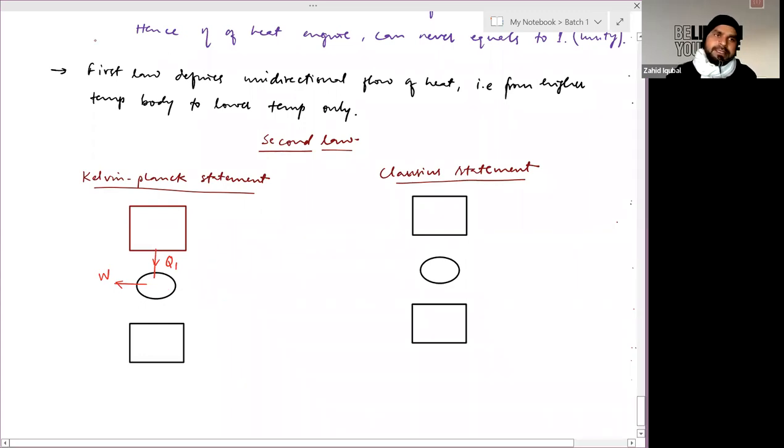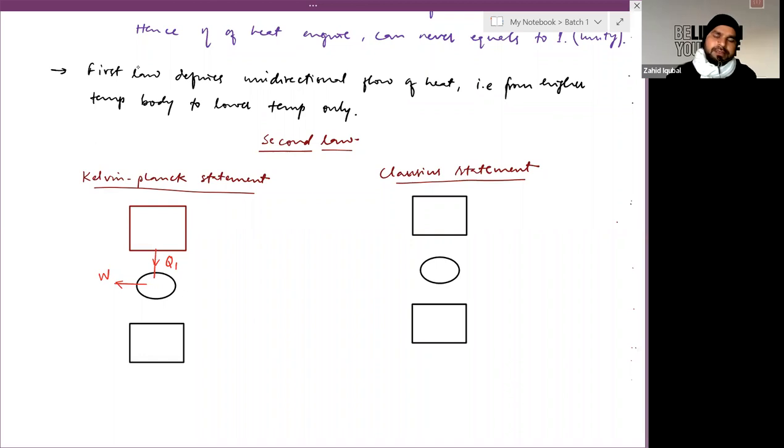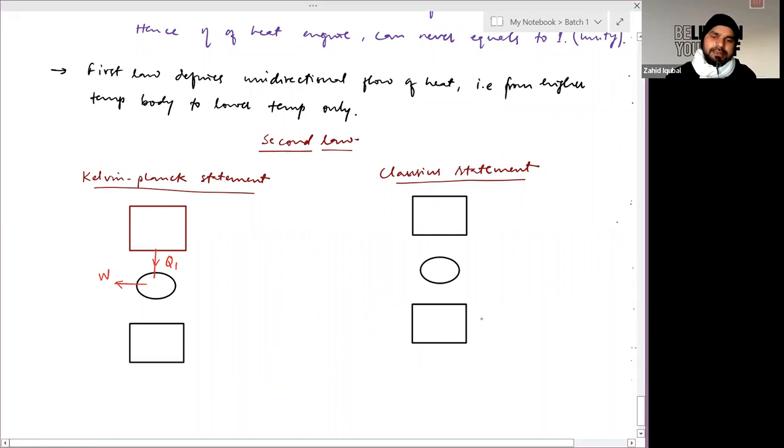In second part, it says, let's say this is some lower temperature body and this is some higher temperature body, that is source and sink.